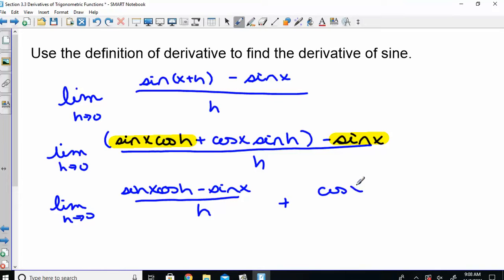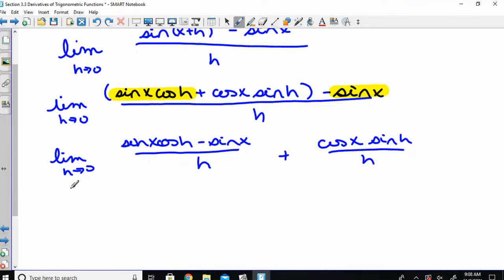Plus, and then I'm just going to pull this other term off to the side. Okay, I haven't changed my problem. If I put this back together, I still get the same fraction. In this first one, what could you pull out of there?